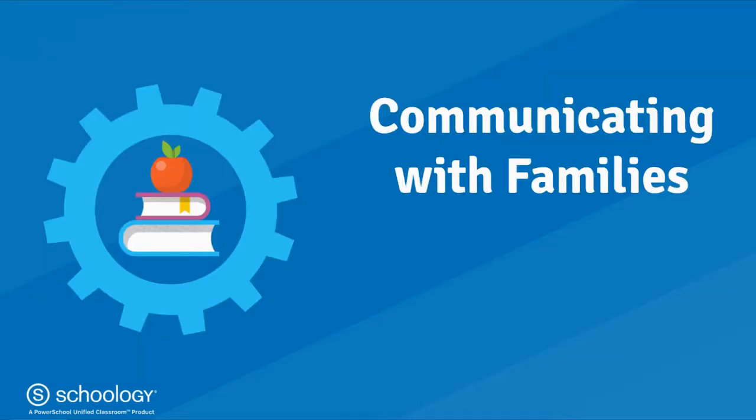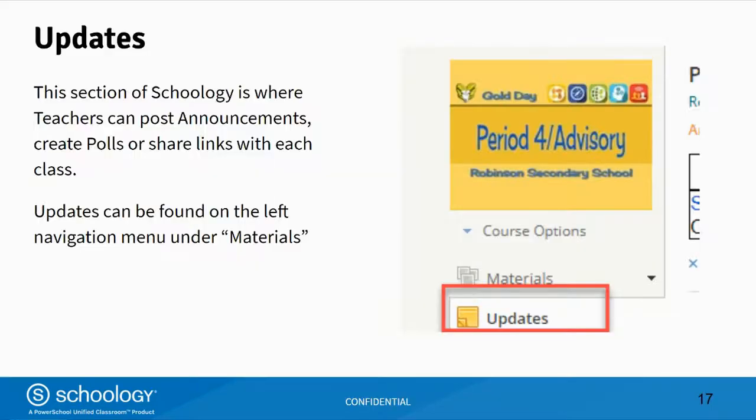And now we're going to talk about how teachers are communicating with you and how you can communicate with your teachers. So the first way as a parent or guardian that you can get some information about what's going on in each individual course for your student is by going into the course and then clicking on the Updates tab, which is on the left side of each course.